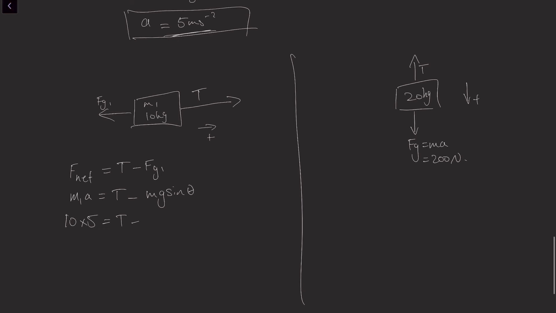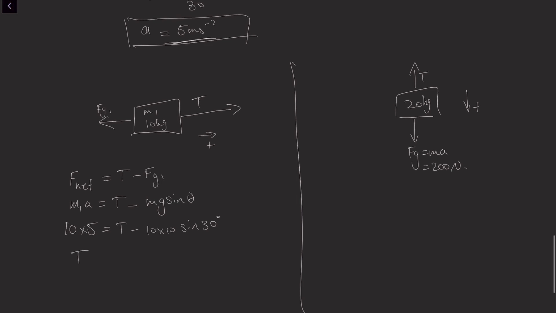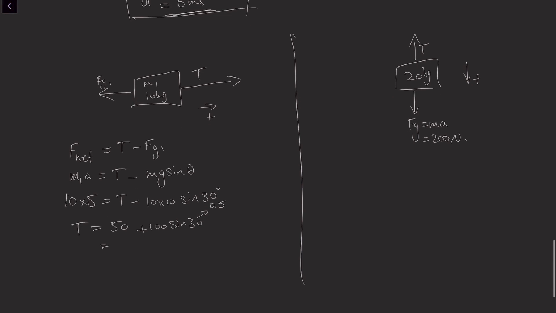T minus mg, which is 10 times 10, multiplied by sine of 30 degrees. Rearrange for T, and we have 50 plus 100 sine of 30, which is 0.5, an identity you should remember. It's 50 plus 50, which is 100 newtons in the positive direction.